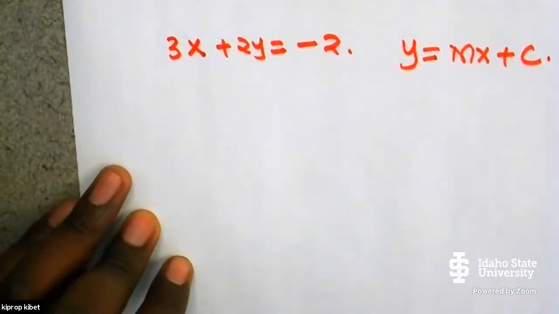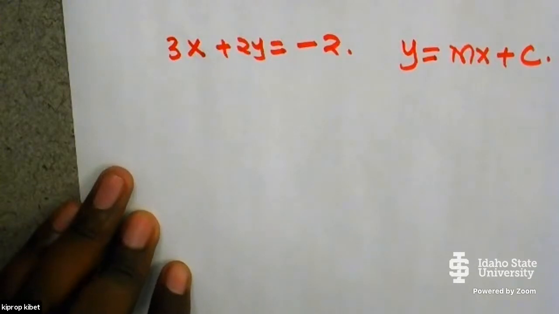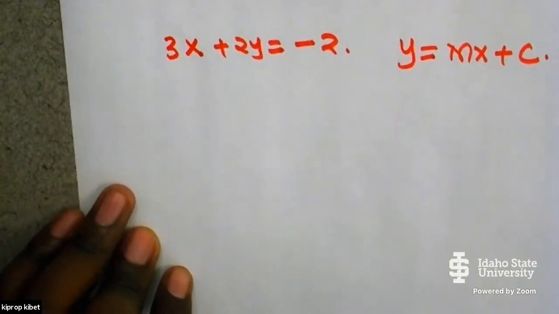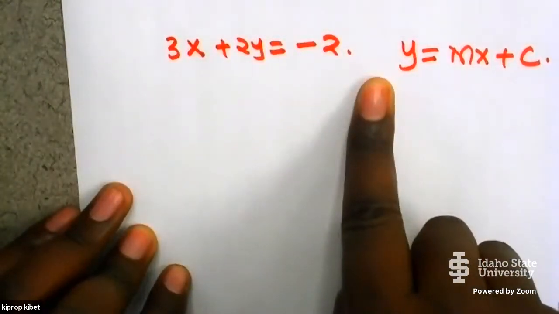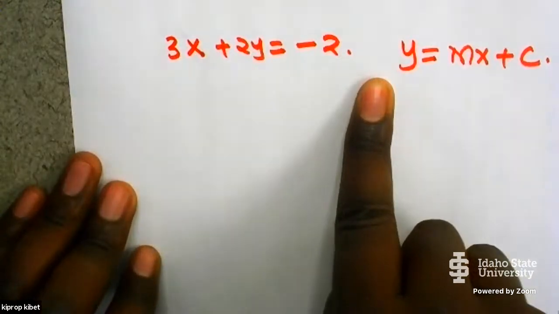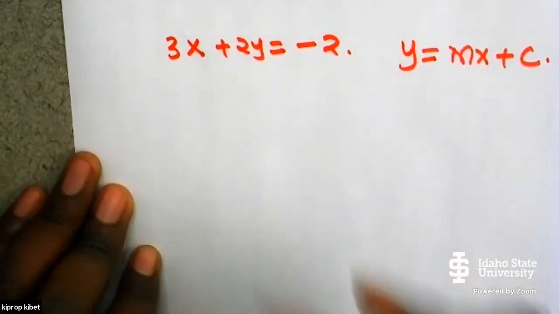This is the slope intercept form. So you take all the values to the other side, you make this y here.